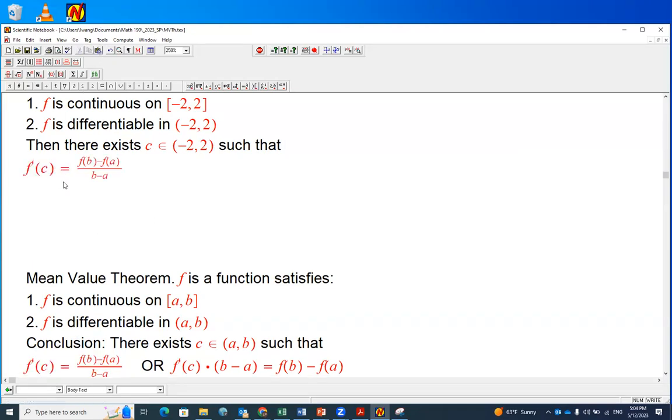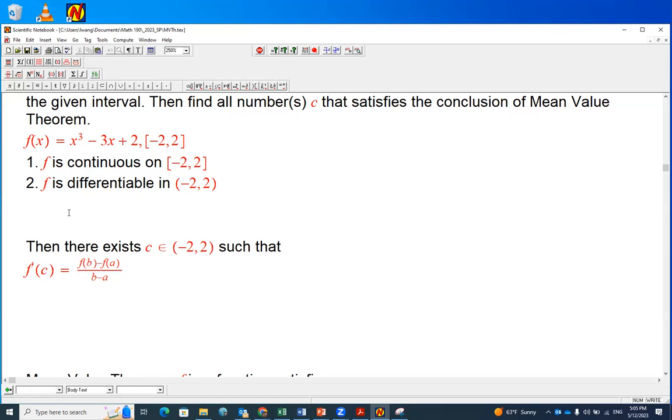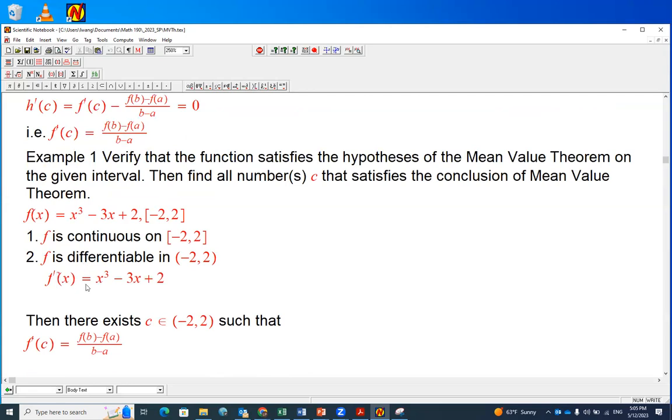And of course, we're going to have to put the actual function we have. From here, from the differentiable part, we could actually take the derivative right here. And the derivative of the function is going to be 3 times x squared, and this is going to be 3. And the derivative of 2 is 0.